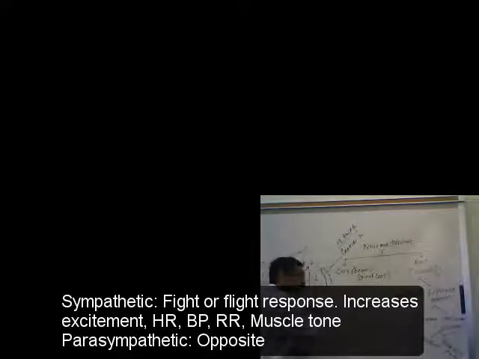Parasympathetic activation does the opposite. Decreases the heart rate, decreases the blood pressure, decreases the respiratory rate, and constricts the pupil. So just opposite. What changes occur when you are in a relaxed condition? Blood pressure goes down, heart rate goes down, pupil constricts.